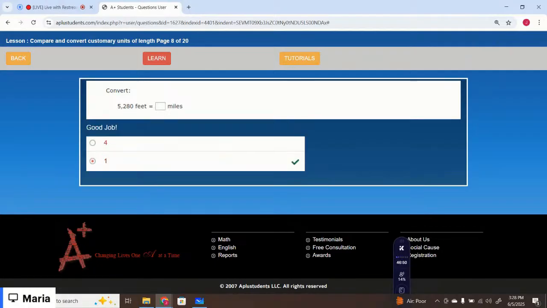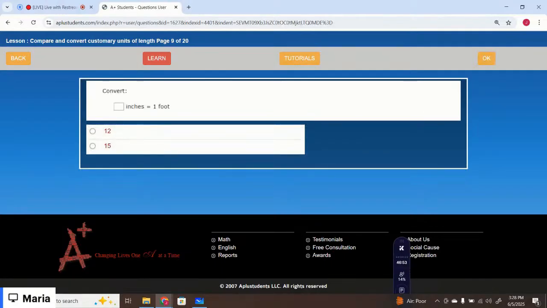Option number 3 is the correct option. 1 foot equals how many inches? 1 foot equals 12 inches. Option number 1 is the correct option.